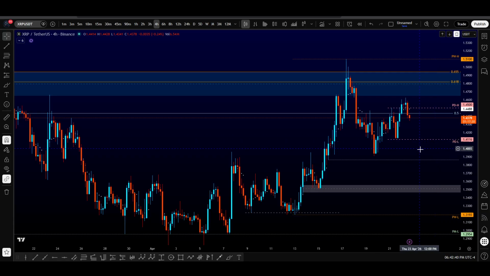And if we get some more sellers to step in, the next best target would be $1.39, right? Now that would be about, let's see how far down, about 2% down to yesterday's low, and roughly about 3% down to the next best target there.